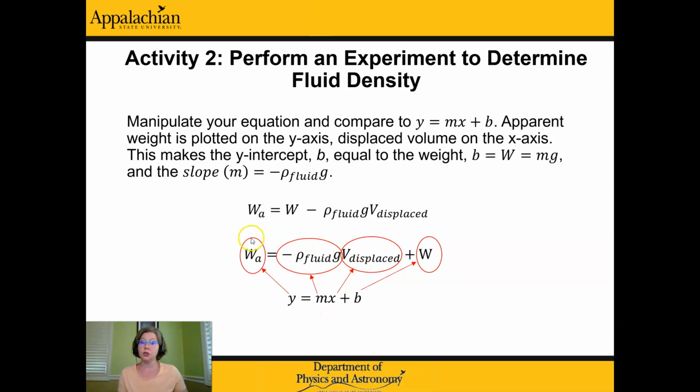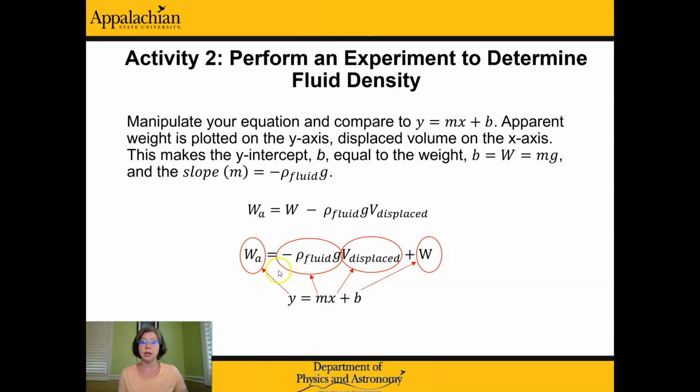I'm going to measure the apparent weight using the force sensor, so that is my y variable. As you notice, I had to rearrange my original equation a little bit so I could match my y and my x to the equation of a line, y equals mx plus b.